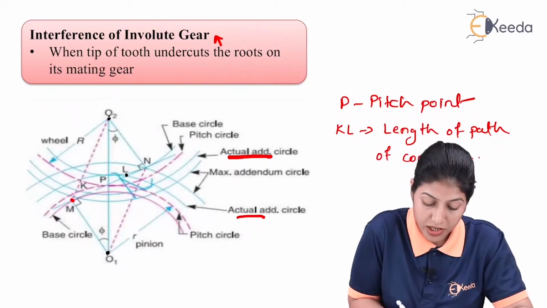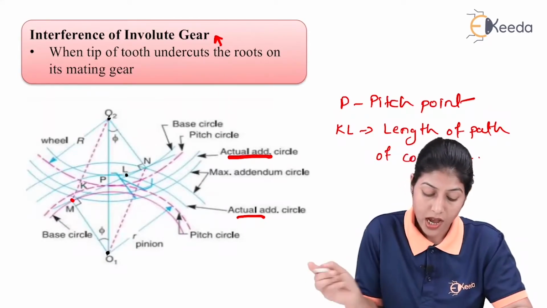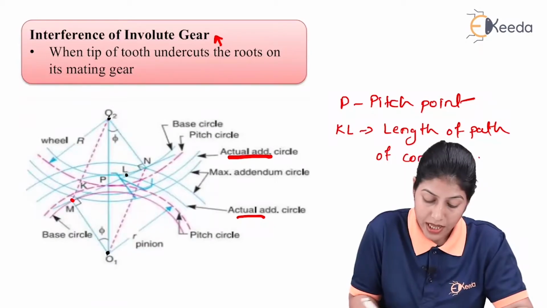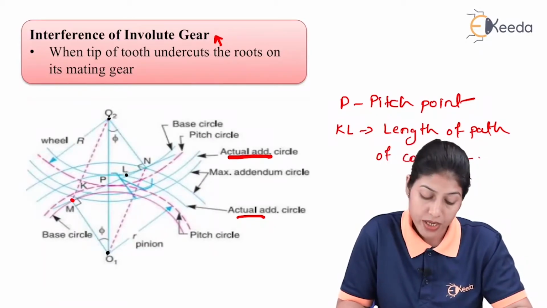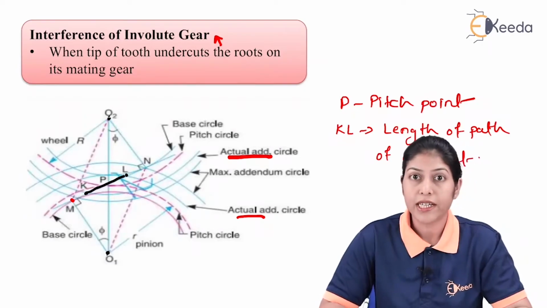So this particular term is for the actual addendum circle, or for the actual condition. Now let us take this pinion and the actual addendum circle of the pinion. Here the length of path of contact is KL.